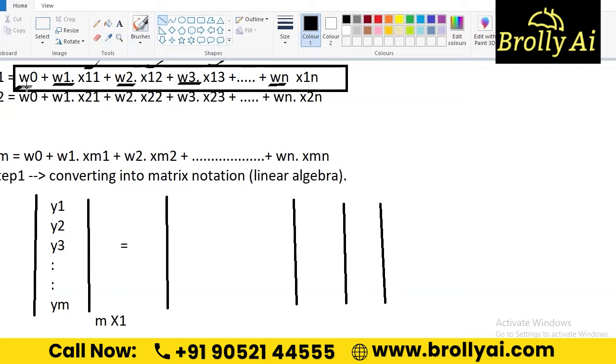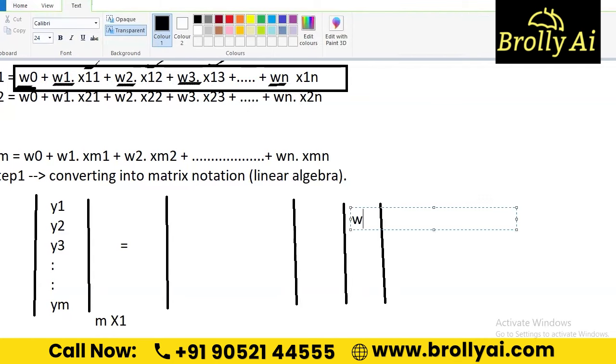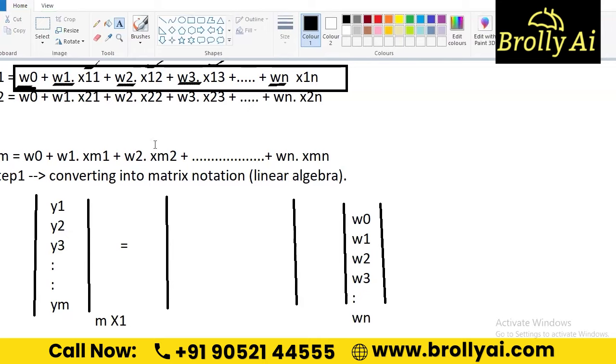I'm extracting W0 and keeping it out, because I don't know what W0 is, we need to find out. And the same way W1, W2, W3, up to Wn. All these are the weights.